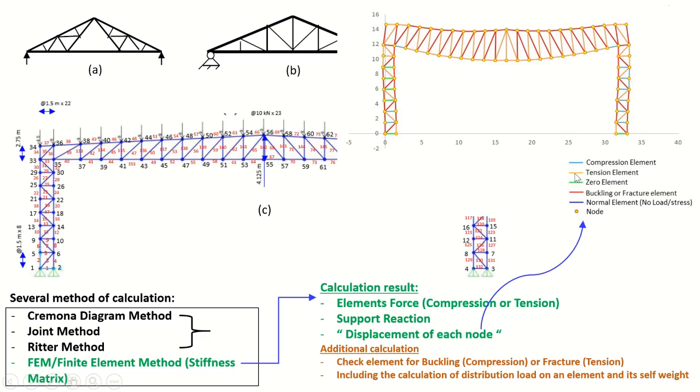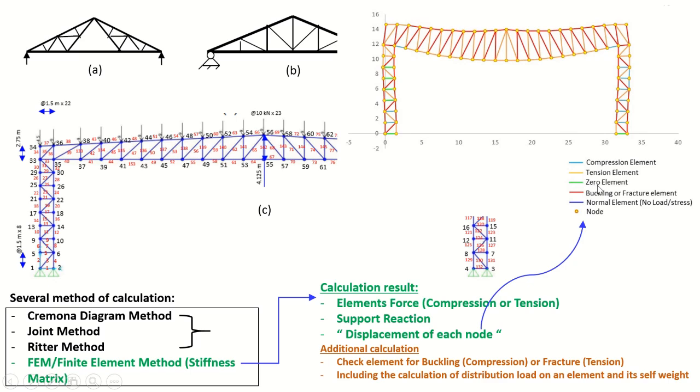When yellow or orange, right? Orange color, you may see this orange or yellow. This means this element is suffering a tension. What about green?